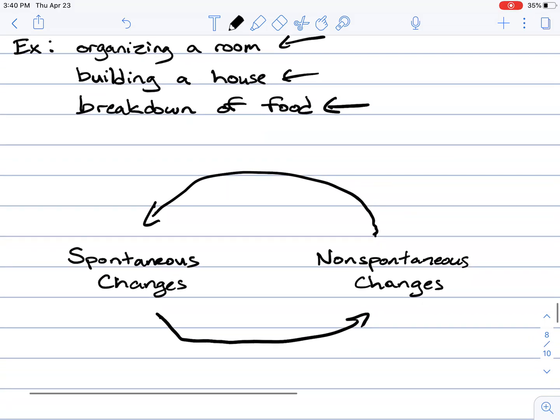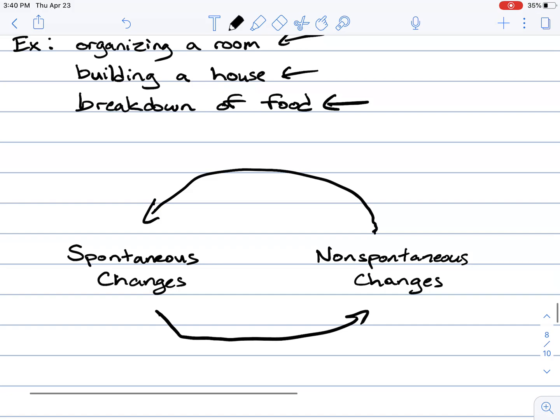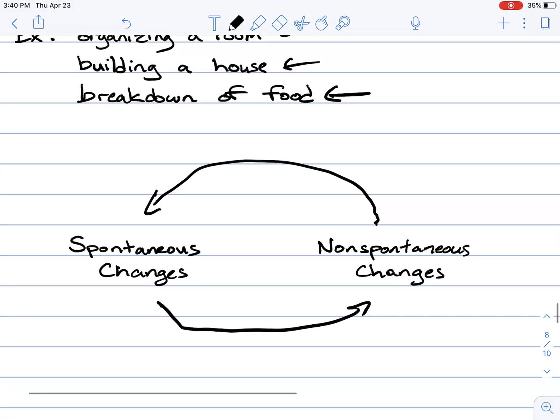A non-spontaneous change can help start off a spontaneous change. For example, if you roll a boulder up a hill, that's a non-spontaneous change, but when that boulder is on top of the hill, it can roll down by itself, which is a spontaneous action.